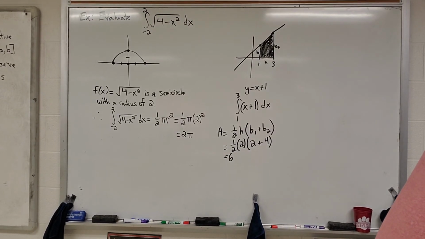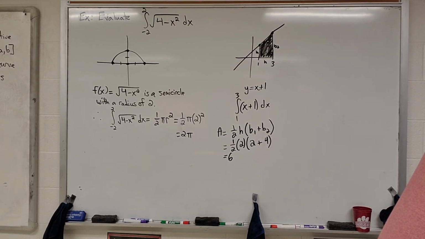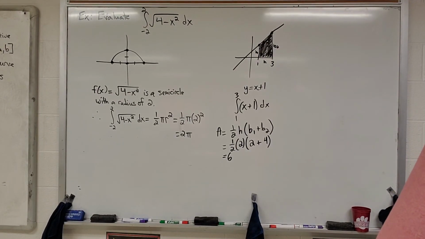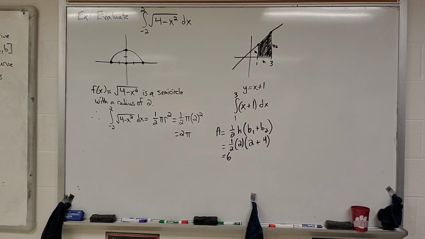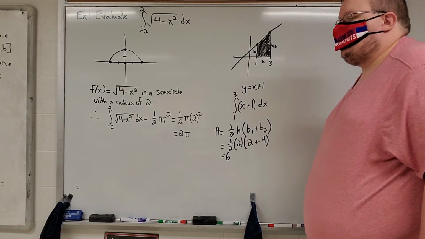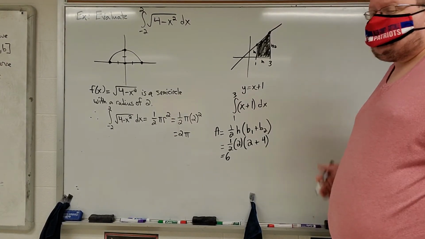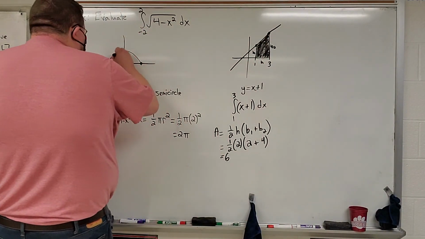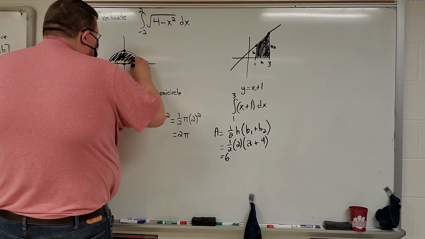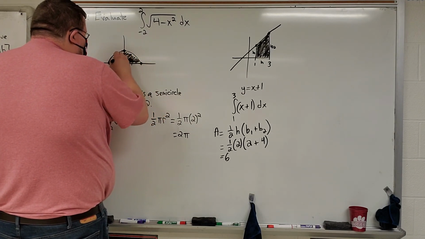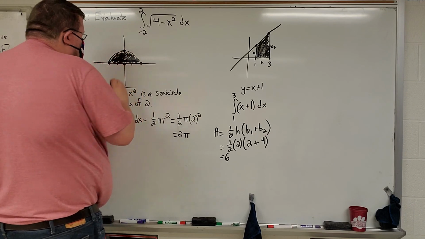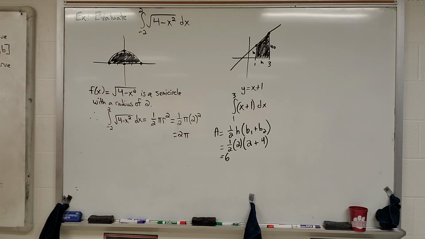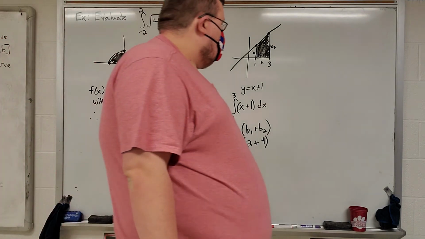Even later on, when we learn how to find the area under the curve exactly analytically, we're doing it geometrically today. But when we learn how to do that analytically with algebra, sometimes the geometric way is actually still faster. If you can graph the function, if it's a calculator question, it may not be a bad idea to look at it and see if it's a recognizable region.